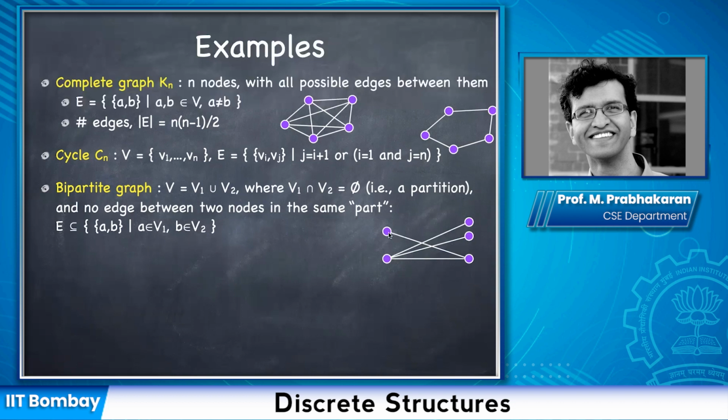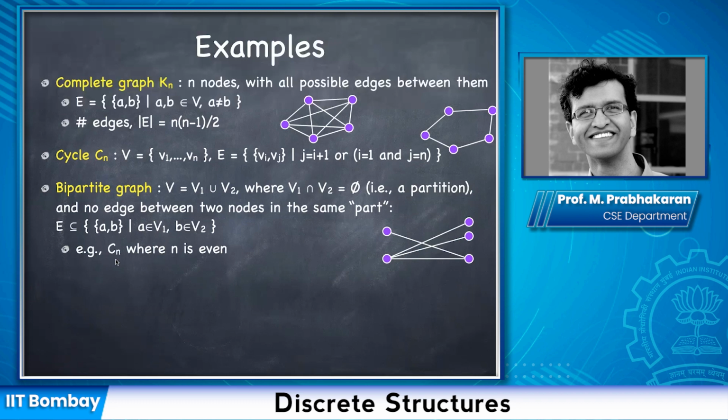So the edges go across parts. That's the condition on a bipartite graph. There should be a way to partition the vertices into 2 sets such that every edge goes across the 2 parts. There is no edge within a part. So edges are of this form, AB, where A comes from one part and B comes from the other part.